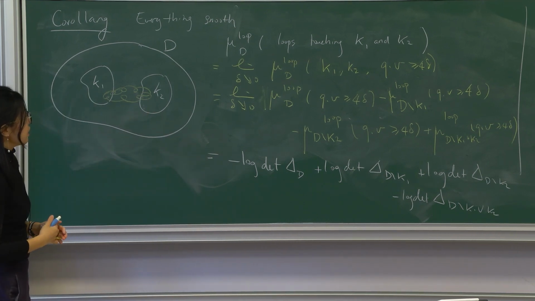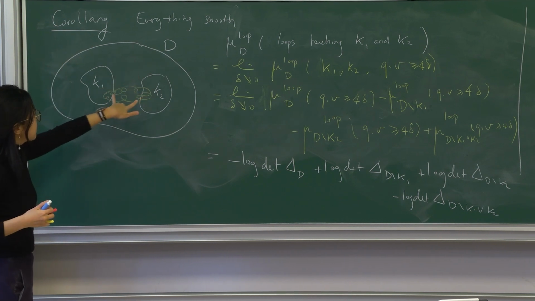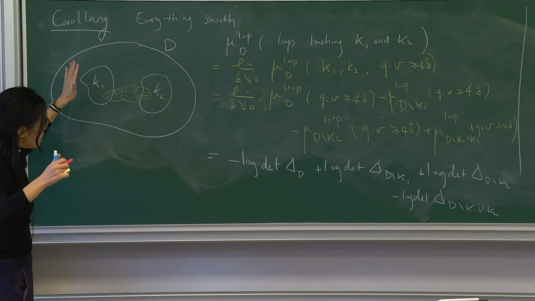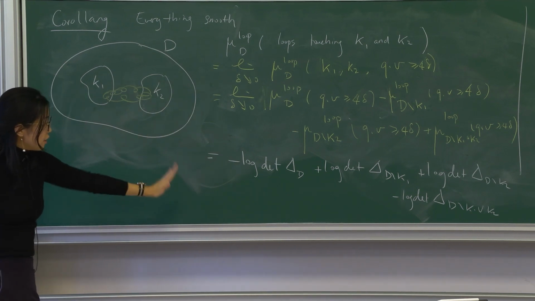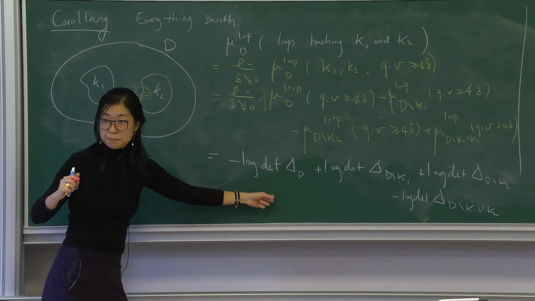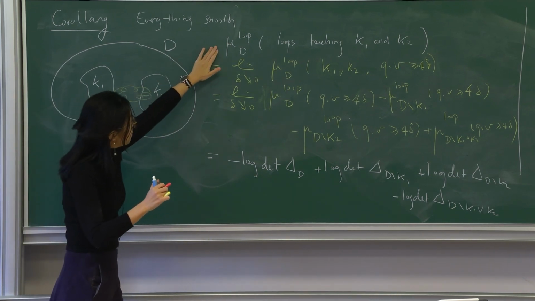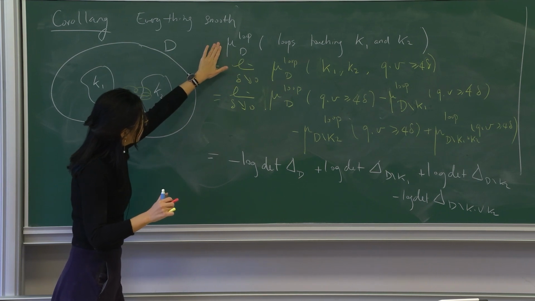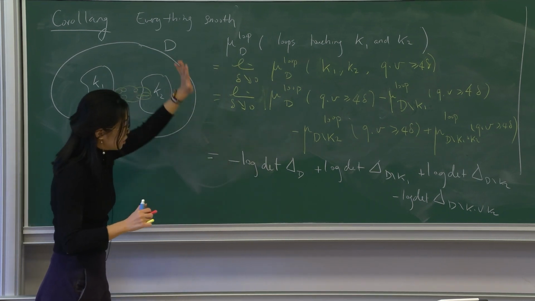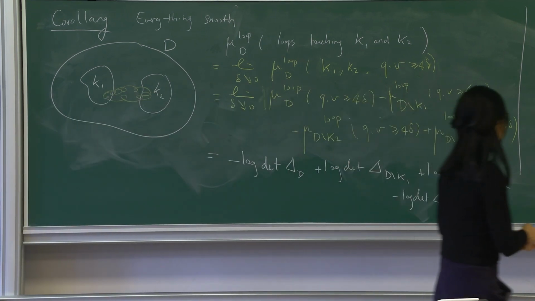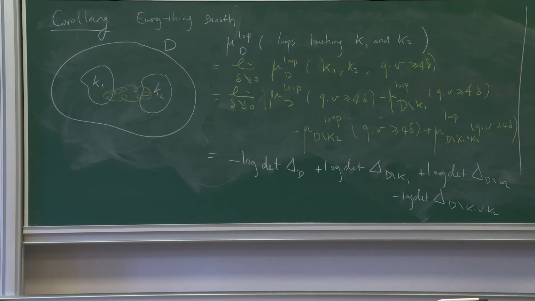The story is just saying, as long as I'm counting the Brownian loops which is finite, whose total mass is finite, then I can express them safely as determinants of Laplacian. And in this way, this equality between the total mass of Brownian loops and the determinants of Laplacian is precise.